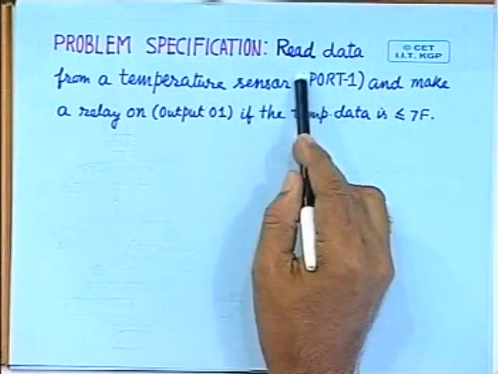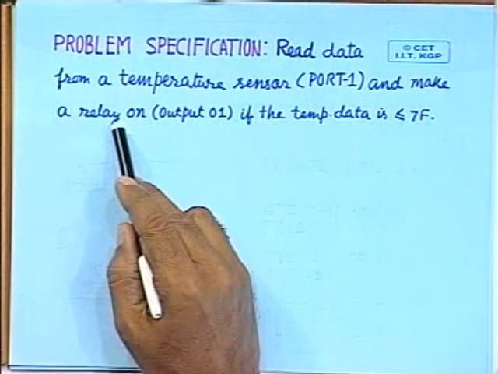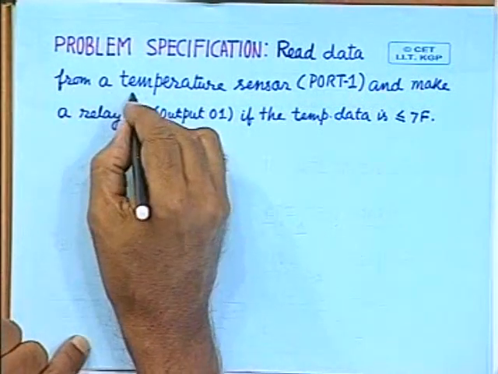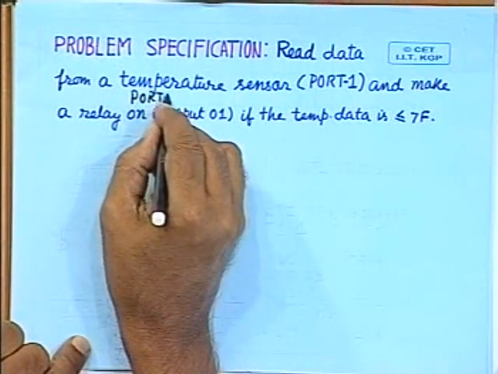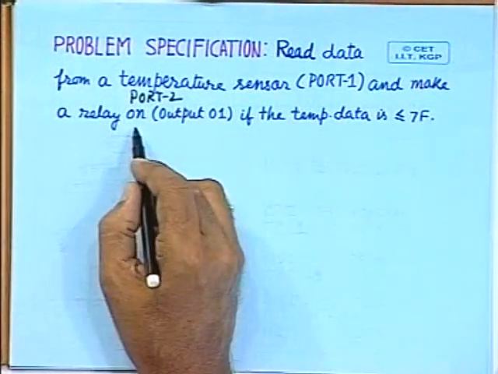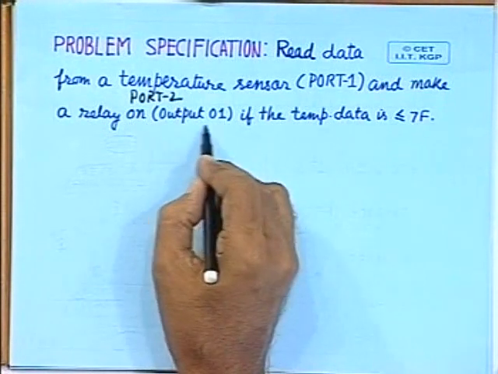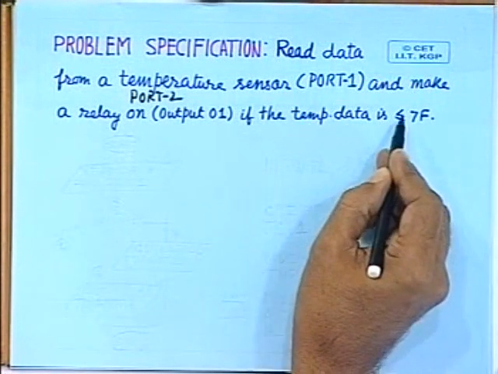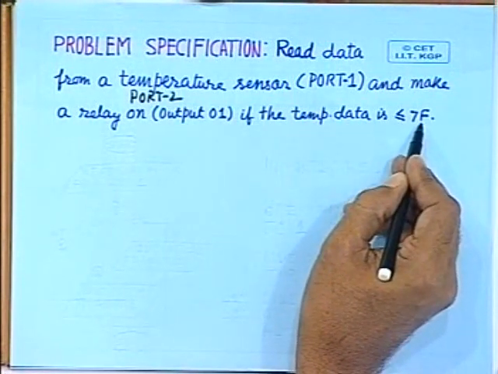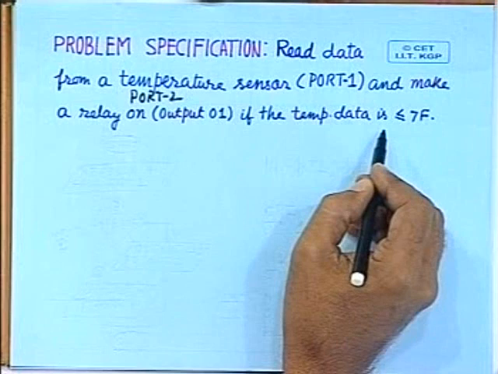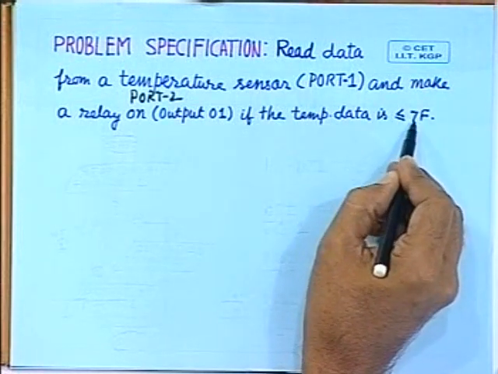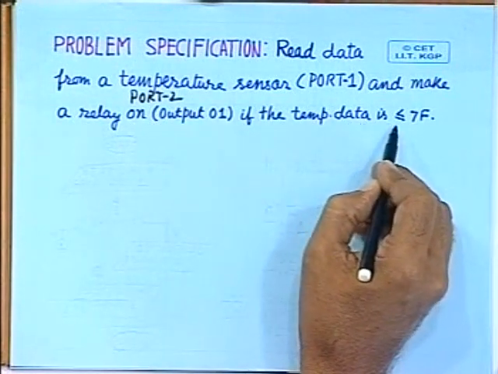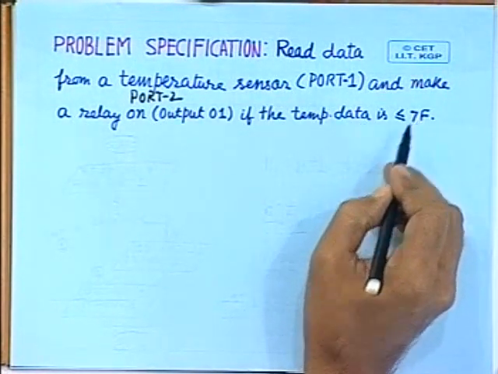The sensor is connected to port 1 and make a relay on which is connected to port 2, and to make the relay on you have to output 01 in hex if the temperature data is less than equal to 7F. In other words, if the temperature data is less than 7F, we are making a relay on. If the temperature data is more than 7F, we do not make the relay on.